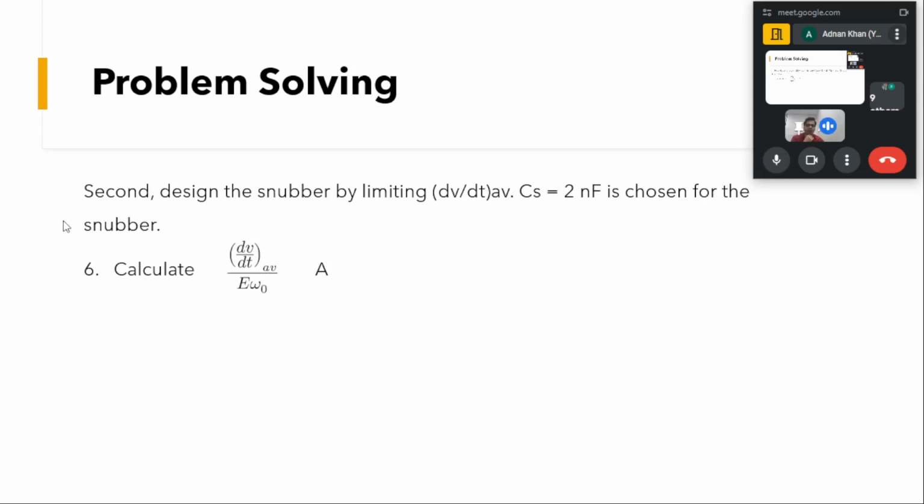Second, it is given to design the snubber by limiting the dV by dt average, that has already been given. We have to limit it to half of this. And CS is given here: 2 nanofarad is chosen for this snubber. So first we have to calculate dV by dt average divided by E by omega naught.